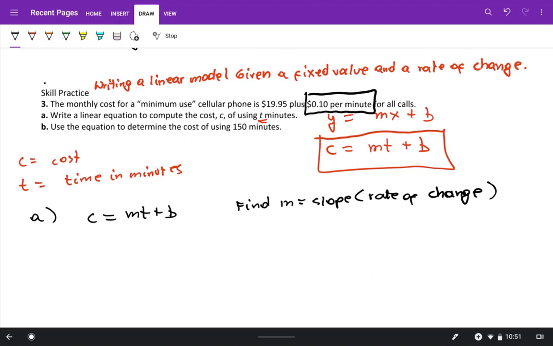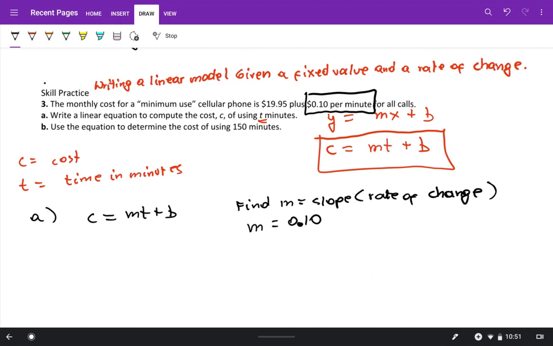That means, again, this is the rate they charge. They charge 10 cents per minute. So rate of change, in our case, is how much they charge per minute. Okay, so our slope is 0.10.